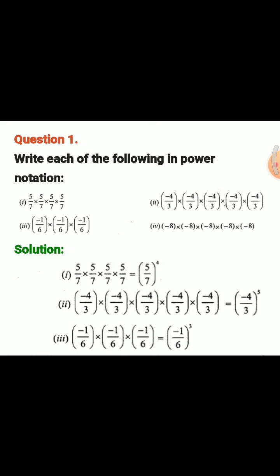Next, minus 4 by 3 multiple minus 4 by 3 multiple minus 4 by 3 multiple minus 4 by 3 multiple minus 4 by 3. Then minus 4 by 3 power, how many times does it come? So 1 2 3 4 5. Okay. So 5. Okay students, so on the basis of this very question, you understand and solve the left questions by yourself.